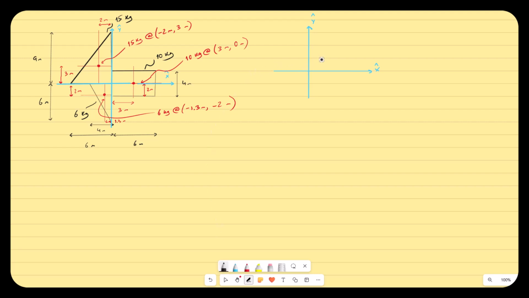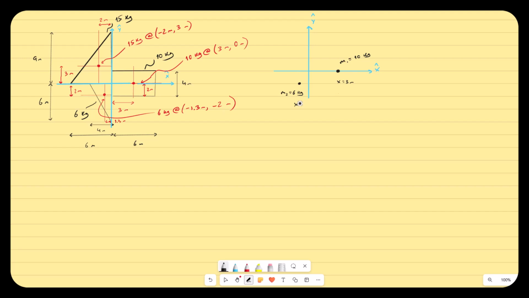I have one mass sitting here. Let's call that one mass 1. This is 10 kilograms, and this is at x equals 3 meters. I've got a mass sitting here, call that mass 2. 6 kilograms.